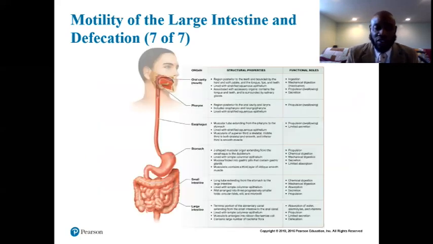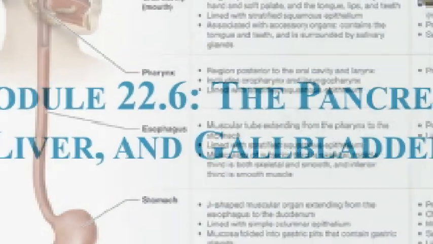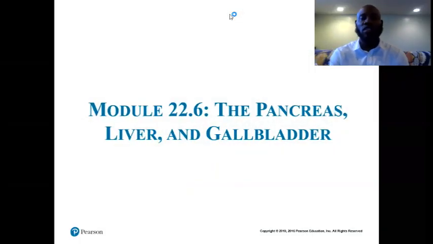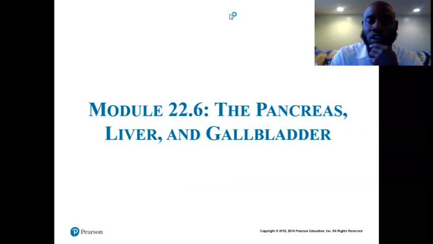All right, so this is just a diagram showing you the whole structure of your digestive system. Remember that there are other organs involved in the digestive system that are not directly part of the alimentary canal.